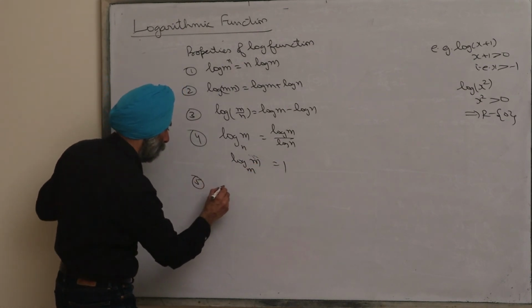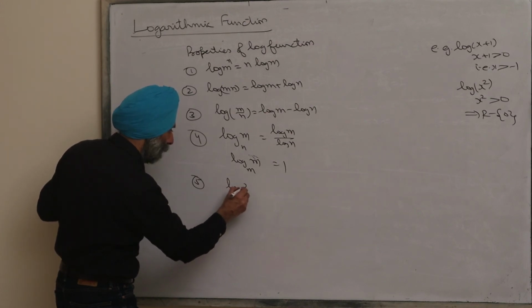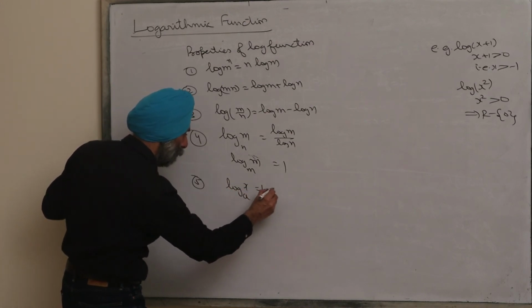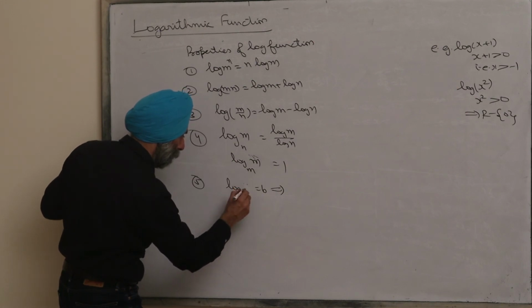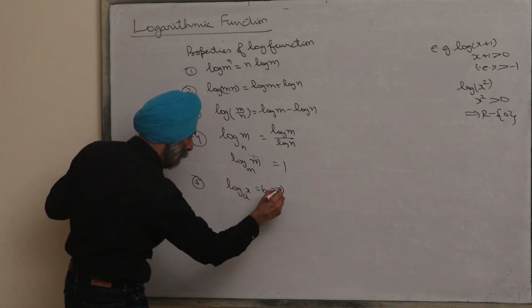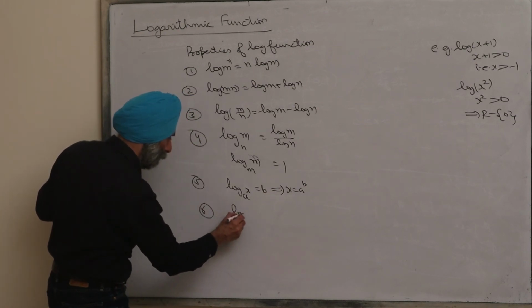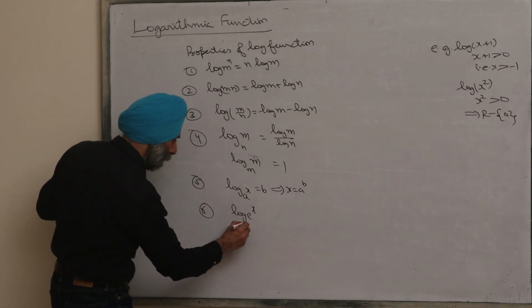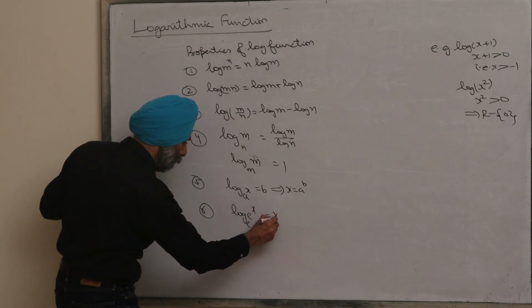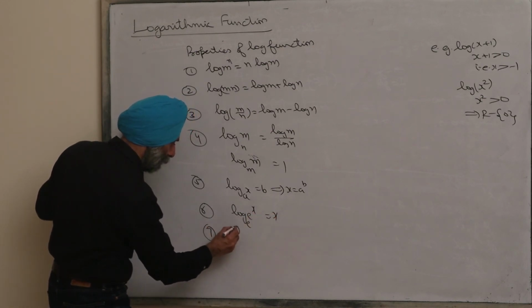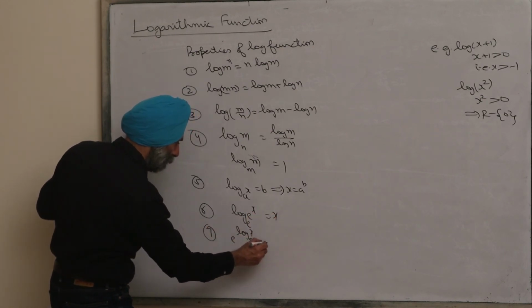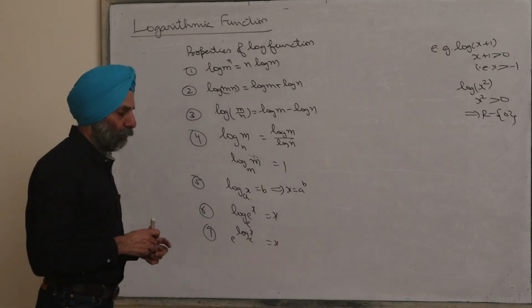Then you can have log of x to the base a equals b, which implies x is equal to a raised to the power b. Then further, log of e raised to the power x to the base e is equal to x. Then e raised to the power log of x to the base e is equal to x.